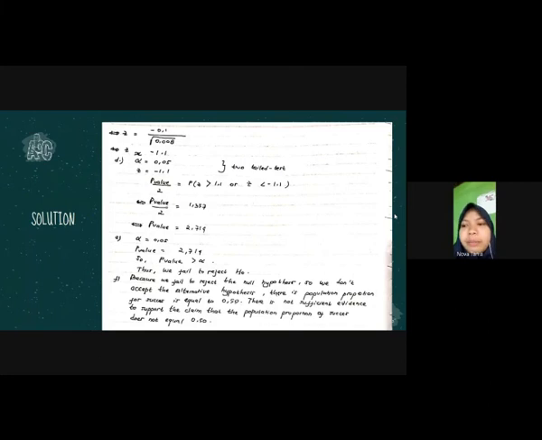Then the interpretation: there is no sufficient evidence to support the claim that the population proportion of success does not equal 0.5. Please, the previous slide.